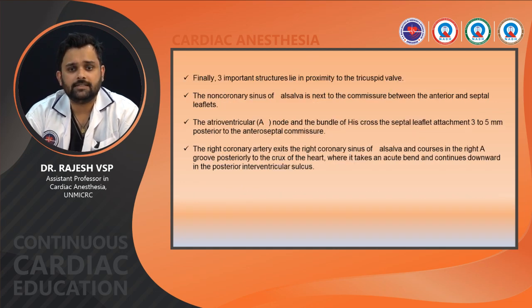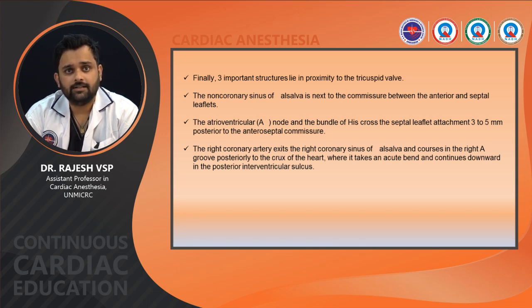Finally, 3 important structures lie in close proximity to the tricuspid valve. The non-coronary sinus of Valsalva is next to the commissure between the anterior and septal leaflets. The atrioventricular node and bundle of His cross the septal leaflet attachment 3 to 5 mm posterior to the anteroseptal commissure.